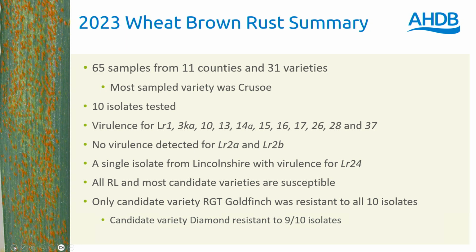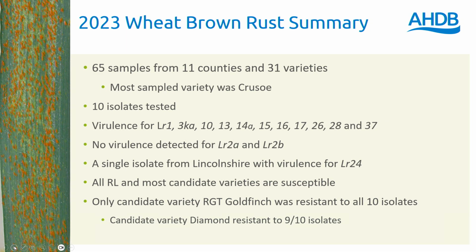So to summarise the brown rust results for 2024, we received 65 samples from 11 counties and 31 different varieties. The most sampled variety was Crusoe, and we selected 10 isolates to test on the differentials and the recommended list and candidate varieties. We found virulence for the leaf rust genes LR1, 3Ka, 10, 13, 14A, 15, 16, 17, 26, 28, 37.